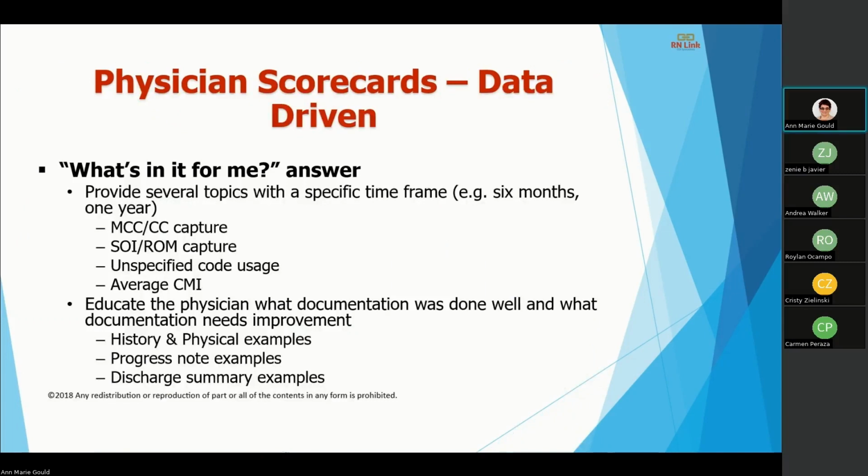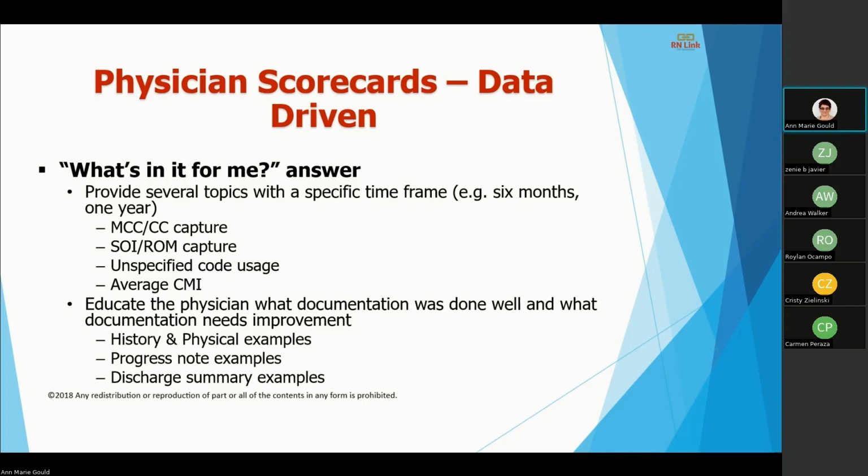Now, this is where I say, what's in it for me answer for the physician scorecards. It's all data. They love data. Providers love data, and they do like a little bit of competition among their peers. I'll tell you that. So you want to provide several topics within a specific time frame, usually 6 months or a year, and you show them what their MCC CC capture rate is, what the SOI ROM capture is for their patients, unspecified code usage, and usually an average CMI or case mix index.